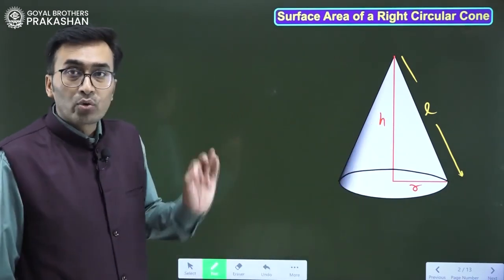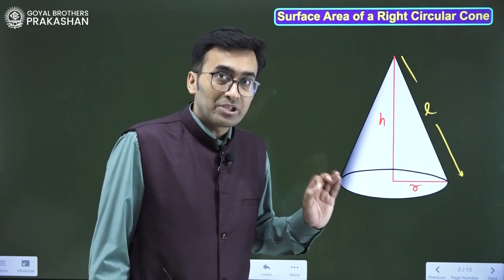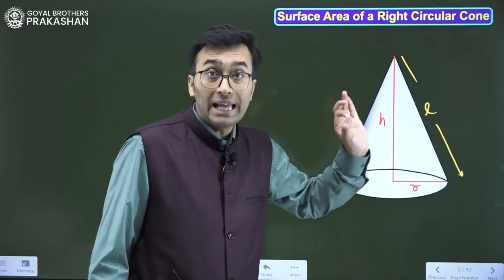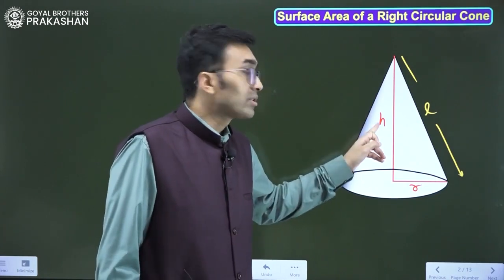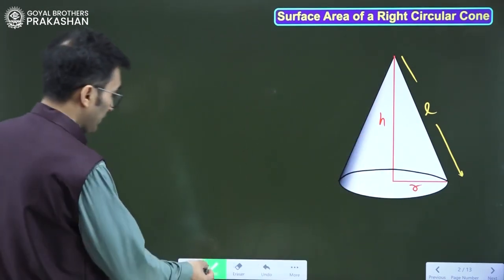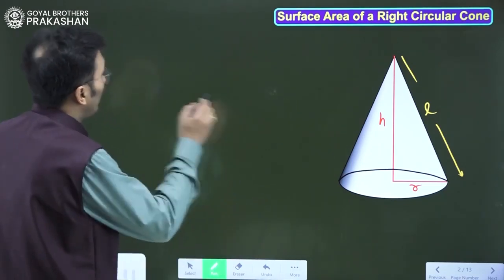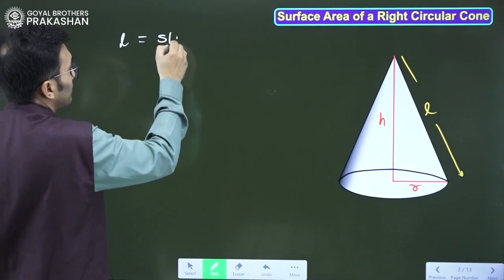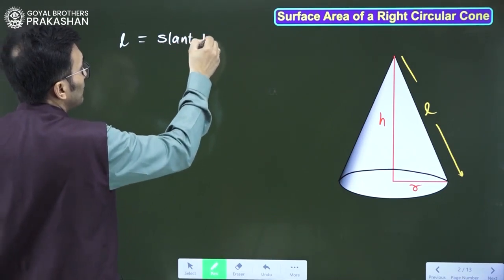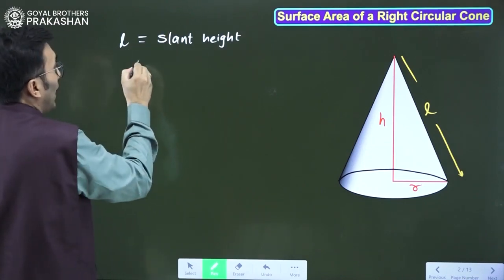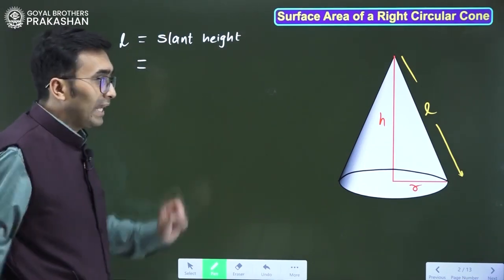A cone has three dimensions. L is the slant height, H is the vertical height, and R is the radius. Now, how can we find L?